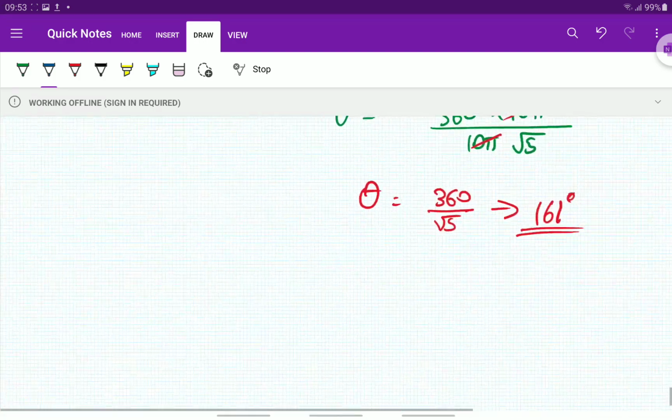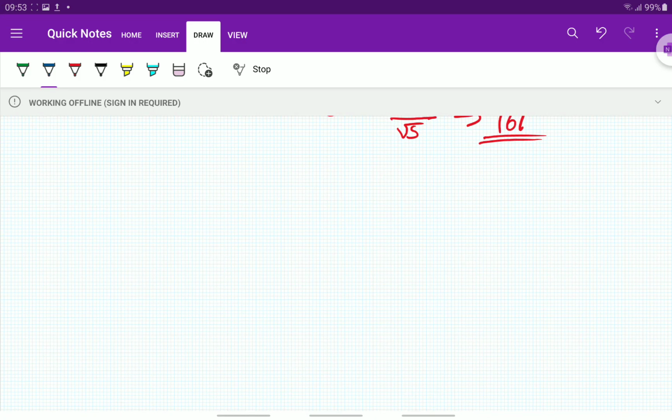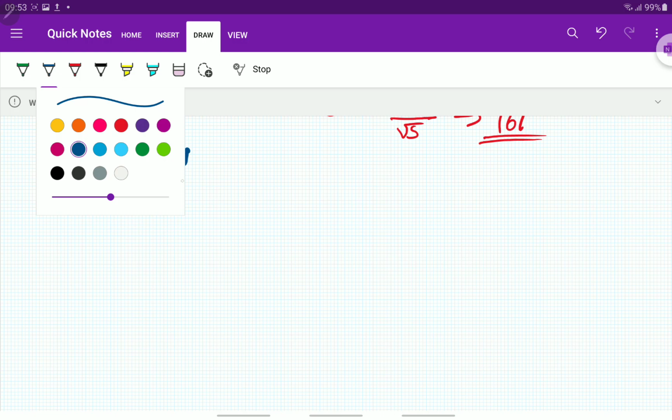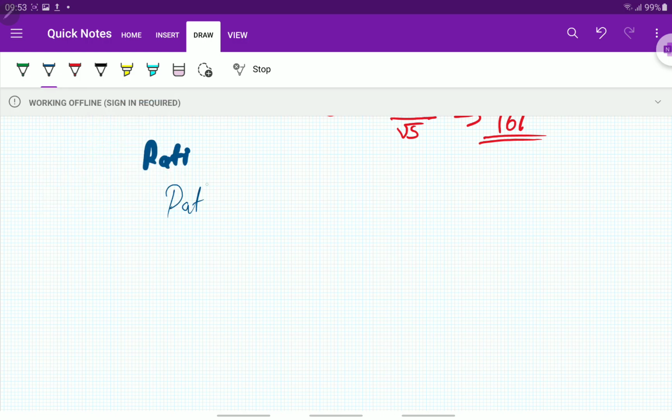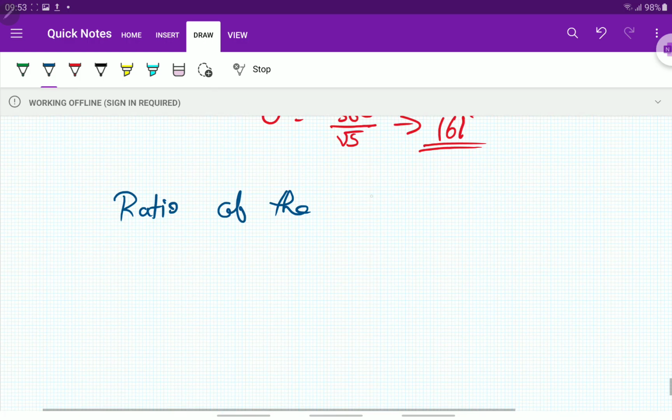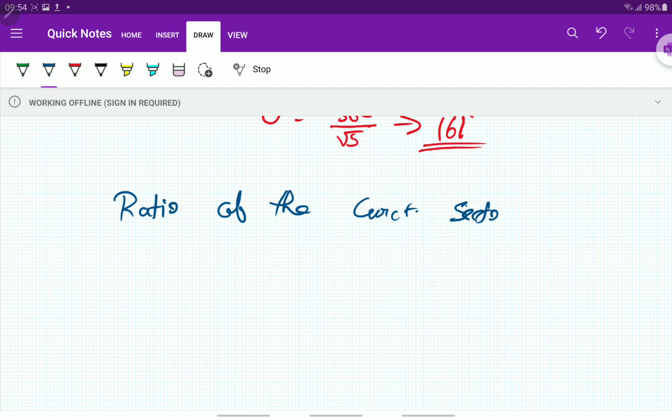So let's speed this up a bit because we know what to do now. So we need to first find the ratio of the circumference of the sector to the whole circle.